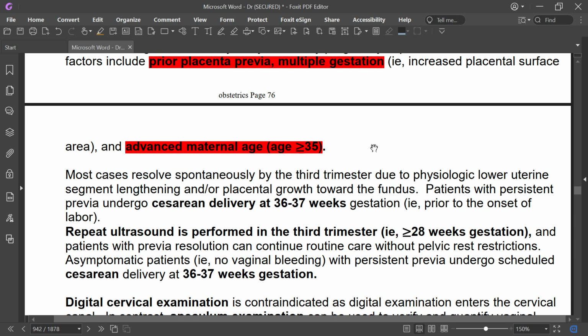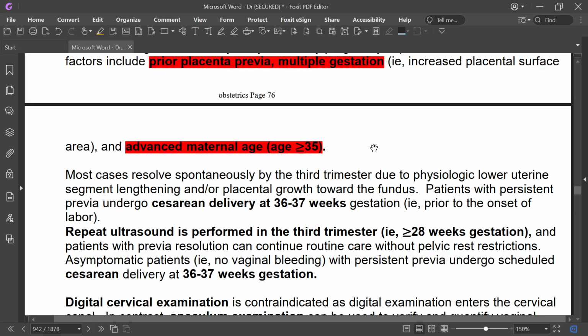due to physiologic lower uterine segment lengthening and placental growth toward the fundus. Patients with persistent previa should undergo cesarean delivery at 36 to 37 weeks of gestation, prior to the onset of labor.